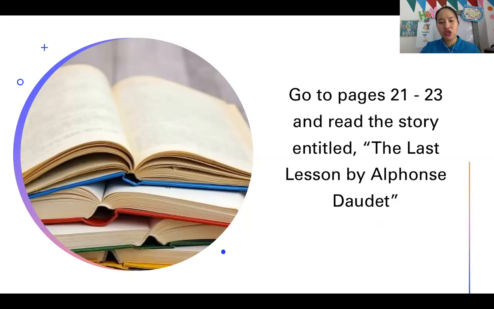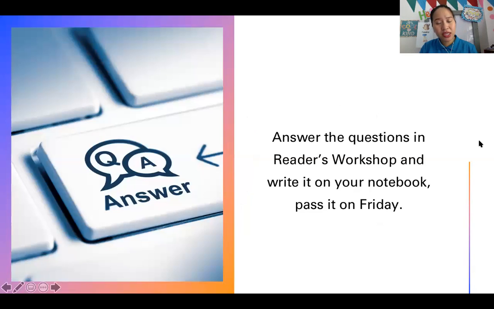It's nice if you just try to understand. And after you read the story, I want you to answer the questions in Reader's Workshop and write it on your notebook. Okay? In your English notebook.